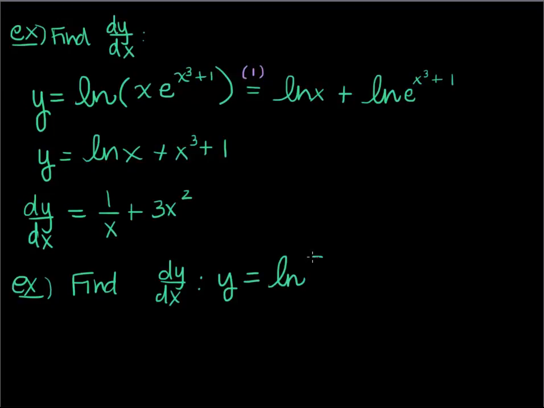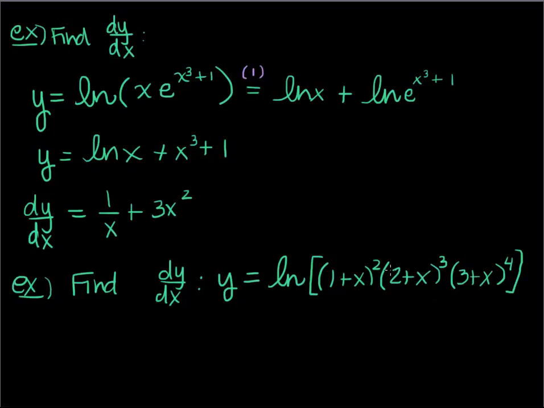So the natural log of 1 plus x quantity squared times 2 plus x quantity cubed times 3 plus x, isn't that cute, to the 4th. I like the pattern that they did here. So we have 1 plus x squared, 2 plus x cubed, 3 plus x to the 4th.